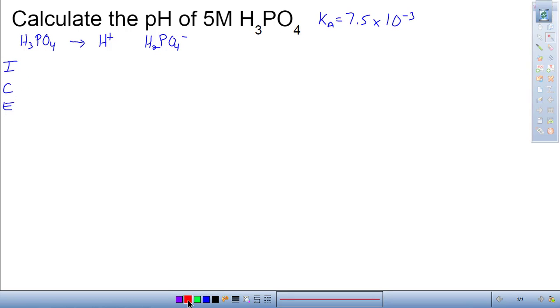And so I'm going to start off with 5 moles of this, none of this, and none of this. This is going away. It's going down by some amount. This is going up by some amount. And we can solve this in the normal way. We can do the Ka.